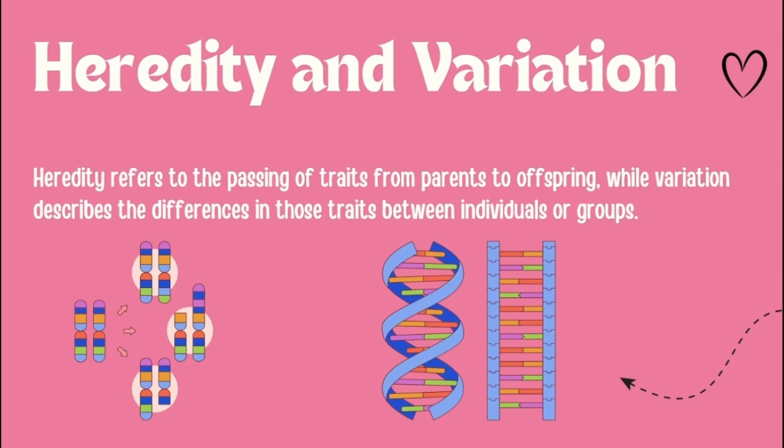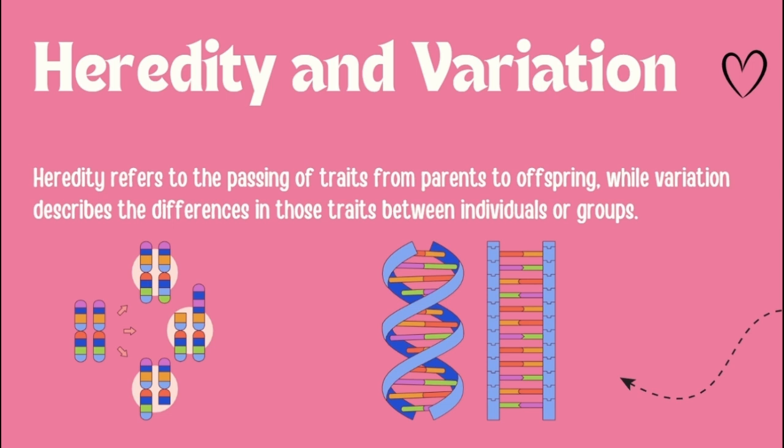So basically, it's the passing on of genes from parents to offspring, and then variation talks about the differences in those traits between individuals or groups. As I said before, variation is really and truly talking about the differences, right?